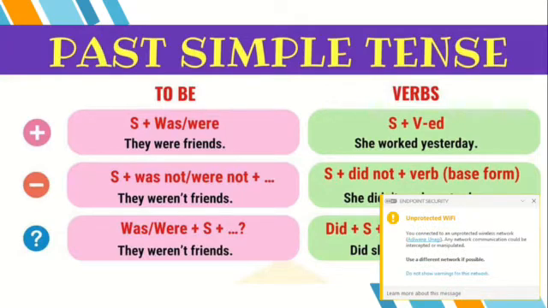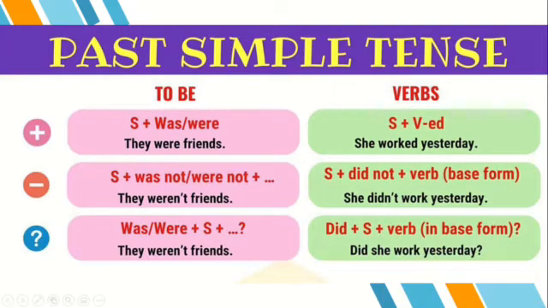Then let's continue with the sentence in the past which uses a verb. Verb means kata kerja, for example, like pergi, bekerja, makan, and so on. So the formula will be subject plus verb 2, or past form of verb.